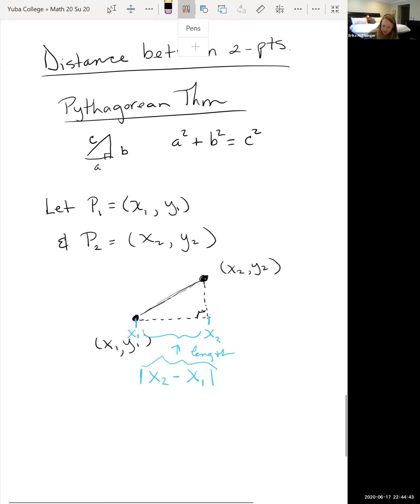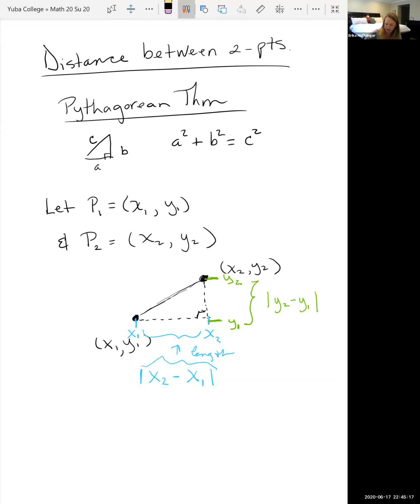And then we can do the same thing with the height. If you look at this y value in here, it was y sub 2, and this y value in here, if you looked on the x and y axis, was y sub 1. So to find the distance between the two, we can think of it as the absolute value of y sub 2 minus y sub 1.